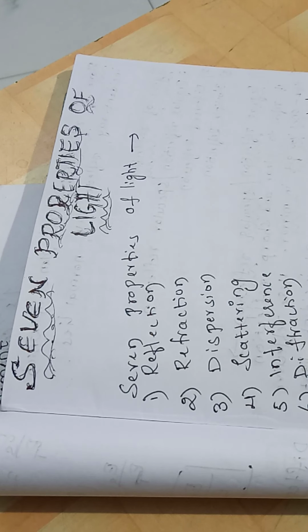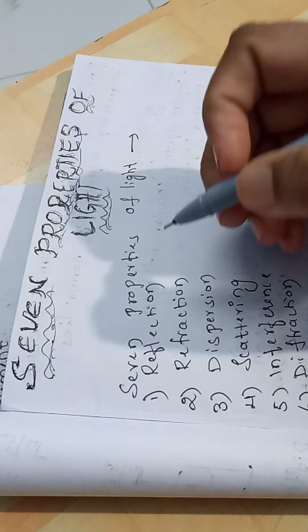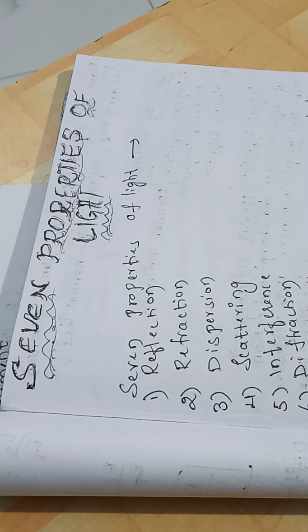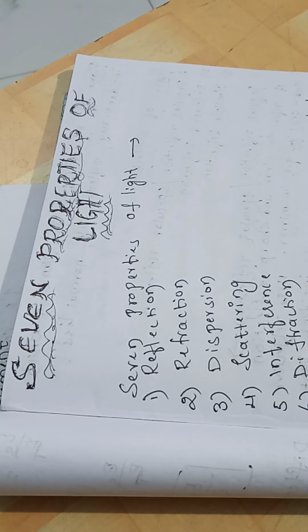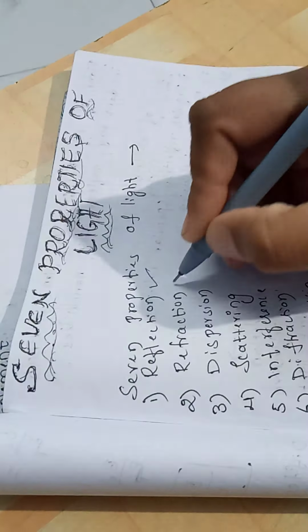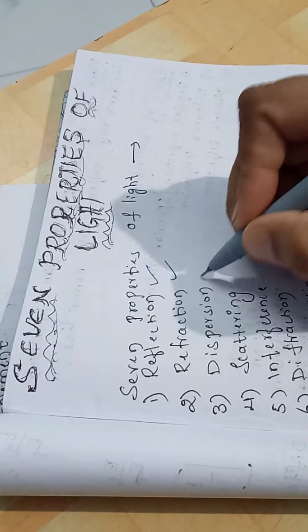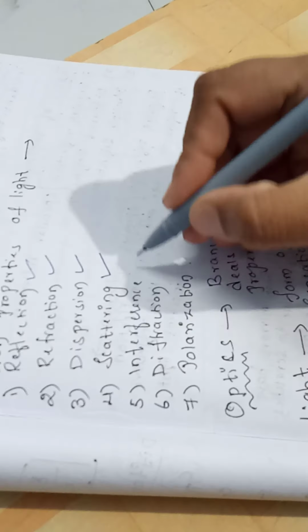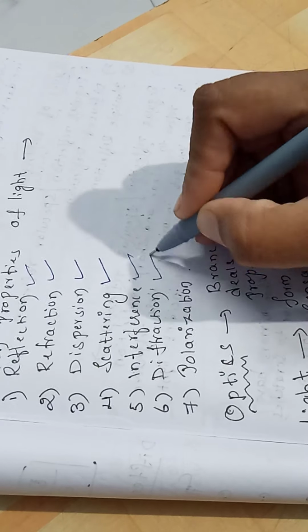Hello everyone. So in today's lecture, let us see the 7 properties of light. The first 7 properties are reflection, refraction, dispersion, scattering, interference, diffraction, polarization.